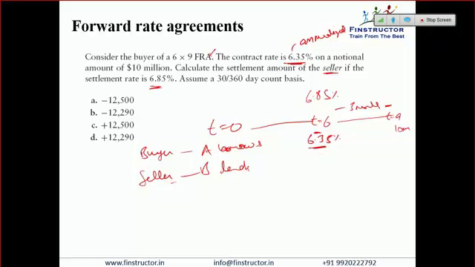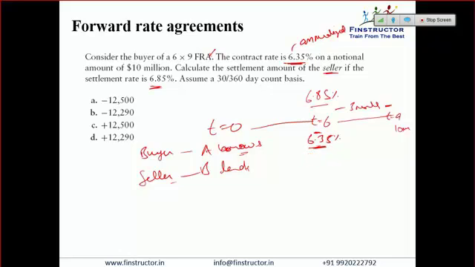Actually the rate is 6.85. The borrower gains, because otherwise he would have had to pay 6.85. Now he will only pay 6.35% because that is the contract that they have entered. The lender loses. The lender could have earned 6.85%, but now he will only earn 6.35% because that is again the agreement that they have entered into.